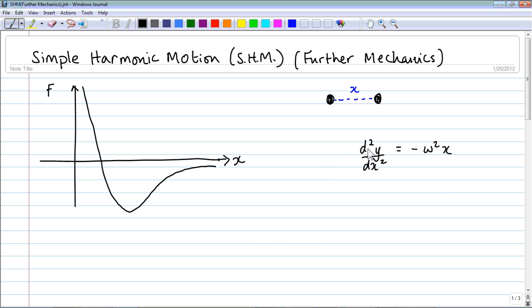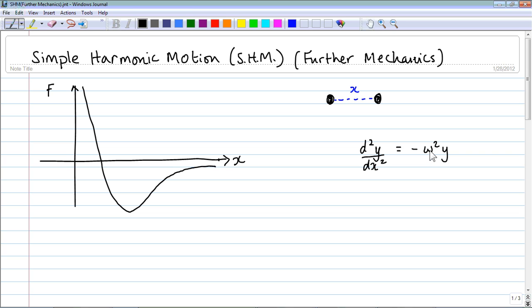The second derivative of a certain variable is proportional to the variable itself with a constant of proportionality which is negative.